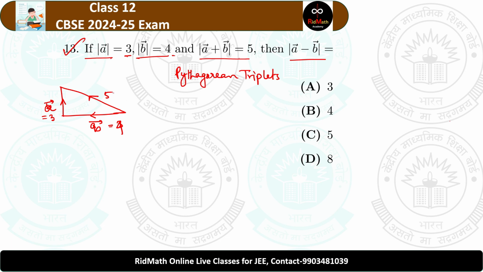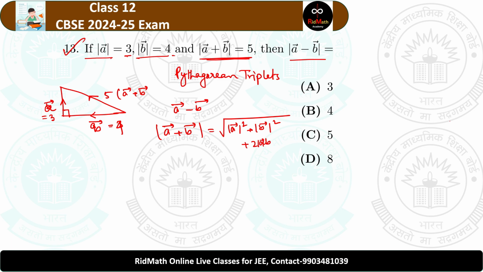So this is the A plus B vector. So what is the A minus B vector? From mod of A plus B, we can easily find out that the angle between A and B is 90 degrees, because mod of A plus B is equal to root over mod A whole square plus mod B whole square plus 2 A dot B cos theta.